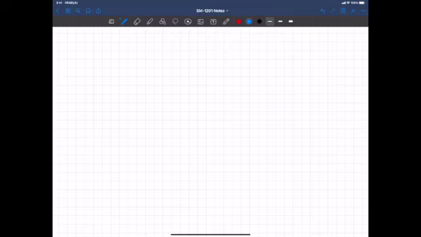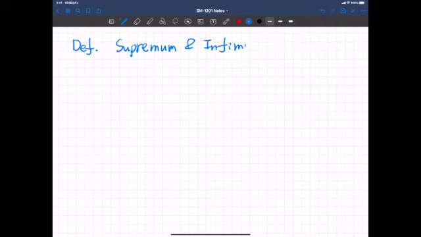So here's the thing. Definition: supremum and infimum. Okay, so again, S is a subset of real numbers.